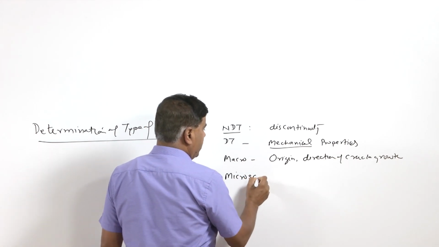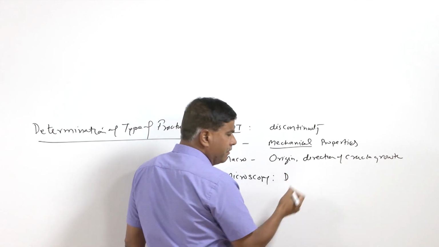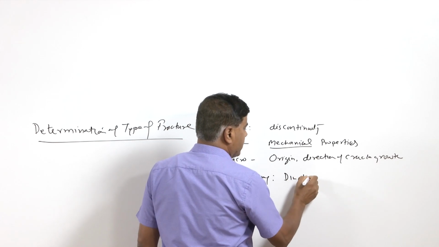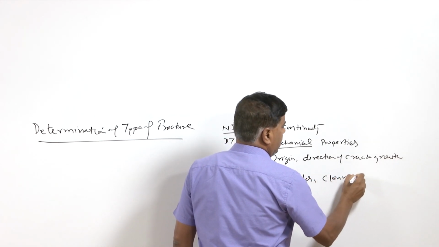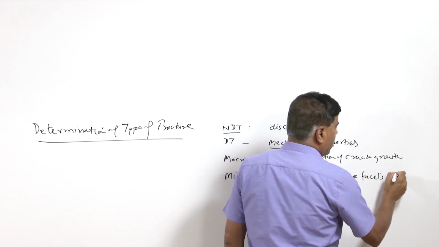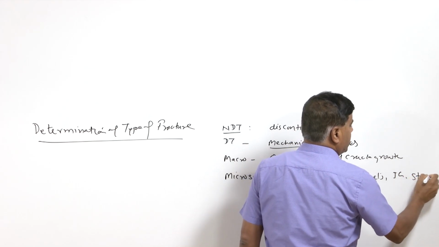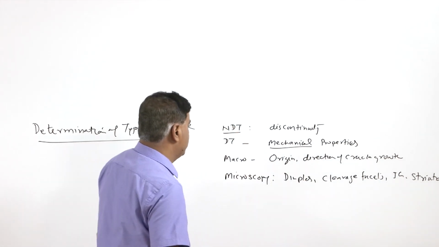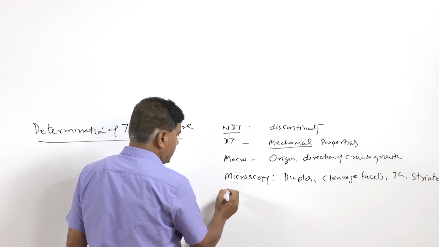Thereafter we have also seen the microscopy of the fracture surface, wherein primarily we find surface features like dimples, cleavage facets, intergranular fracture, and fatigue fracture through striations. So, striations are the microscopic features on the fracture surface.